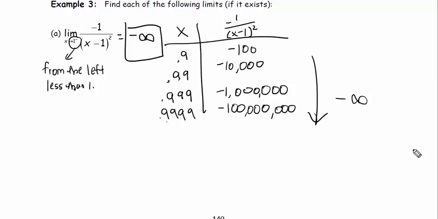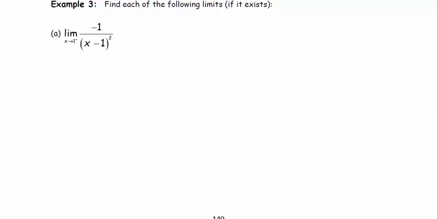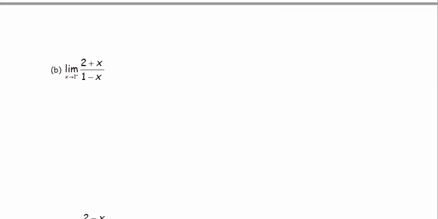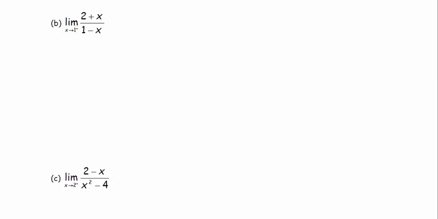All right, so let's look at example 3b now. So this is the limit as x approaches 1, and this will be from the right.